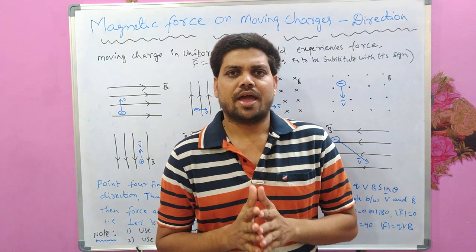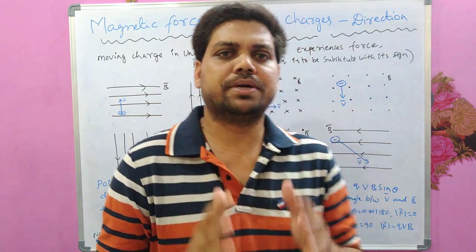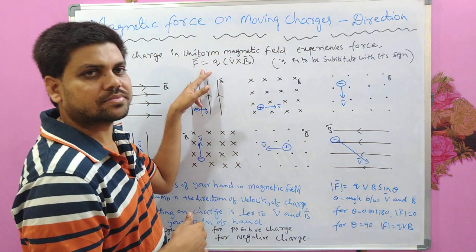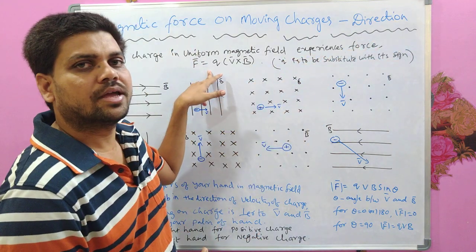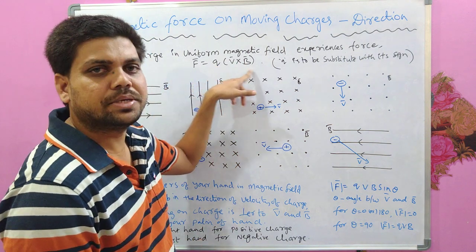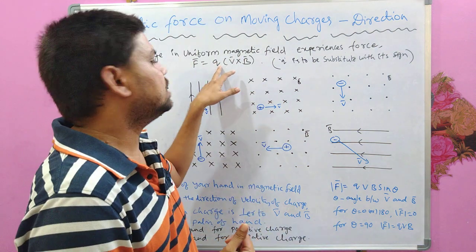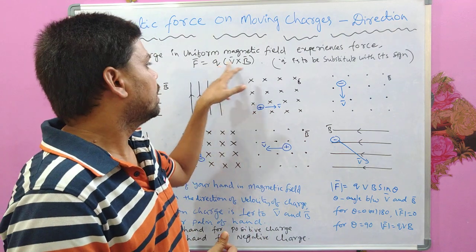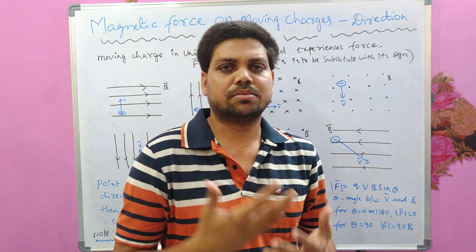We know that every moving charge in a uniform magnetic field will experience a force. How much? It is this. A moving charge in a uniform magnetic field experiences a force equal to Q into V cross B, where V is the velocity of the moving charge, Q is the charge of the particle, and B is the magnetic field in which the charge is moving.